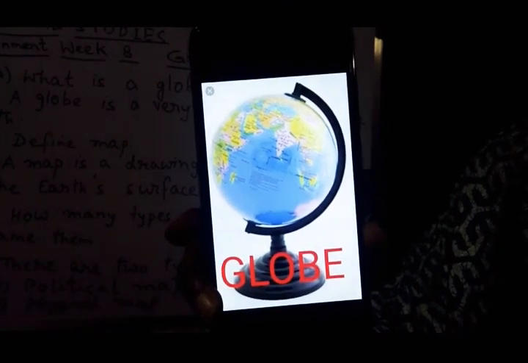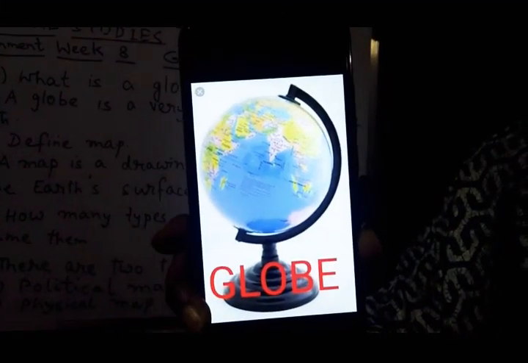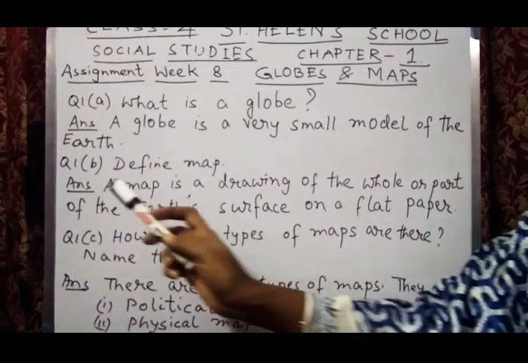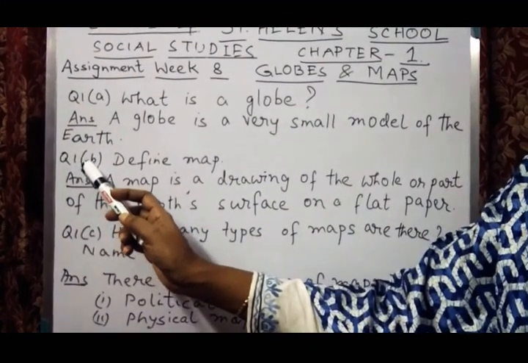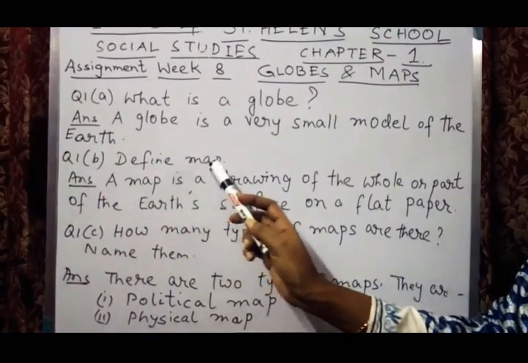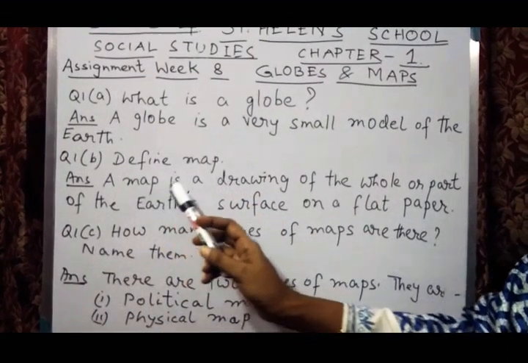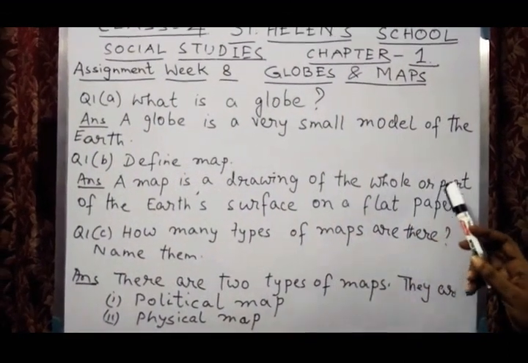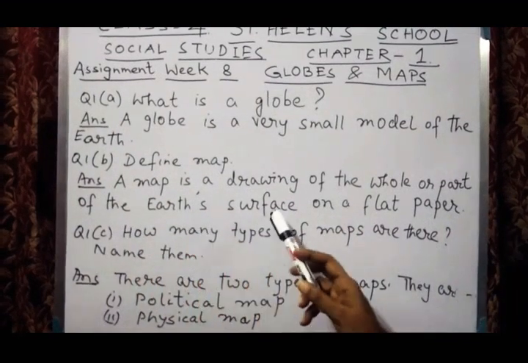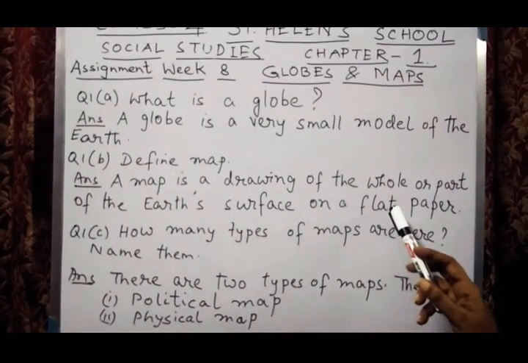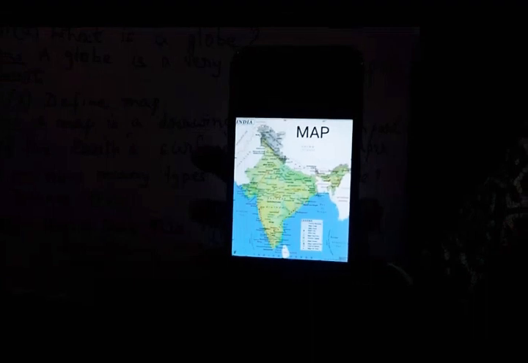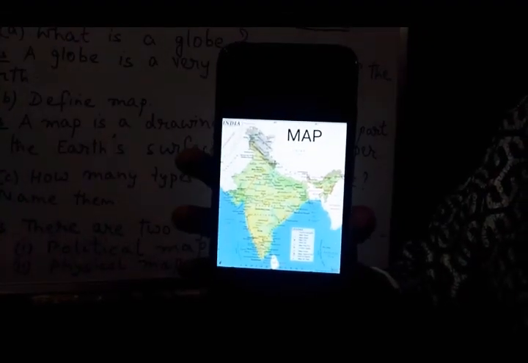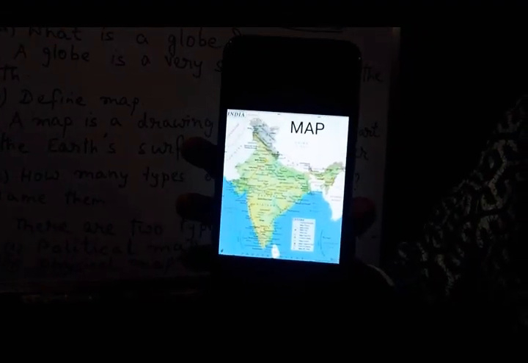This is how a globe looks like. Question number 1B. Define map. A map is a drawing of the whole or part of the earth's surface on a flat paper. This is an example of a map.